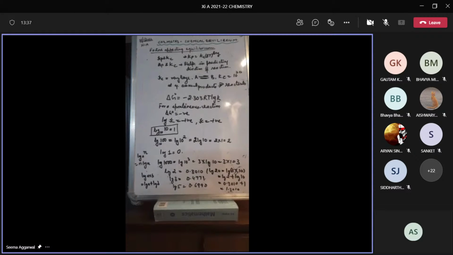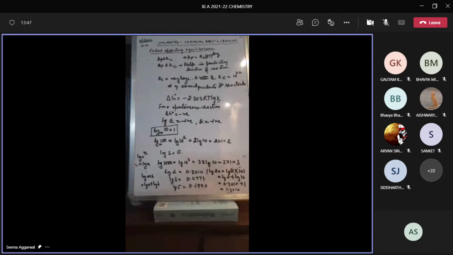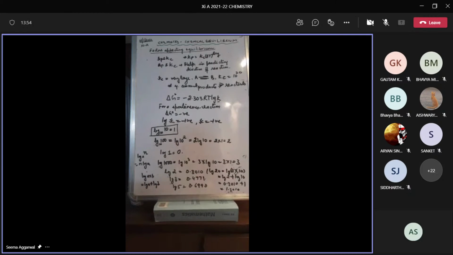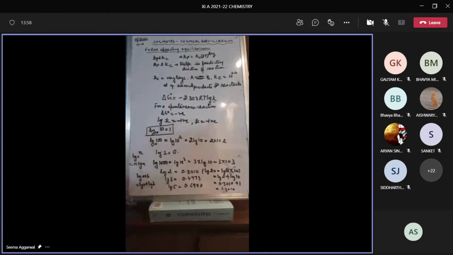The log values will be given to you, but just try to remember log 2, log 3, log 5, and log 10 also. These values you should know for your competitive exams. They have more details, but this is very basic. So for this class, you can simply remember log 2, log 3, log 5, log 10.